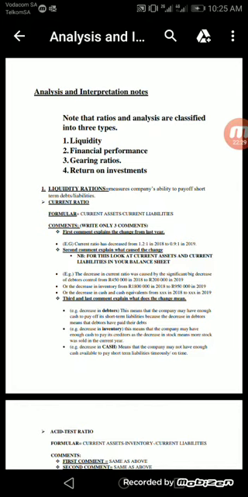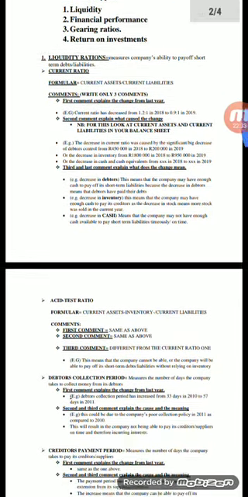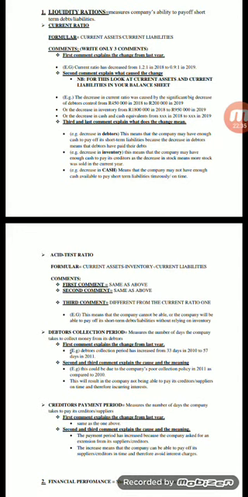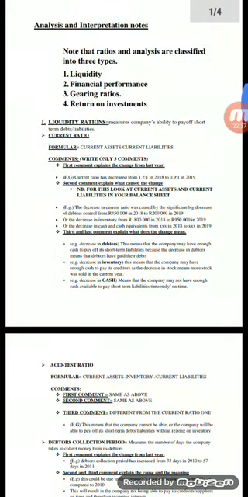But remember, guys, you can't talk about inventory here because you minus inventory. So you will find reasons why acid test ratio has decreased. That means you'll only look at debtors control, or trade and other receivables, and cash equivalents only, or you can look at current liabilities.